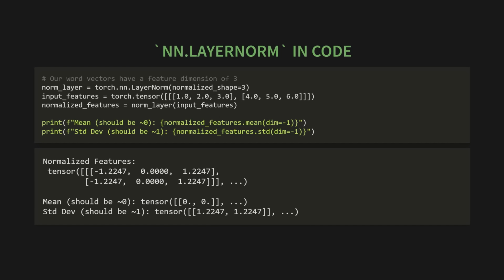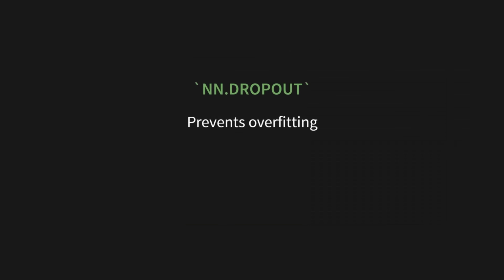We create some sample input features. And when we pass them through the layer, look at the results. The mean of each output vector is basically 0. The standard deviation is basically 1. It keeps the network stable. It's beautiful.